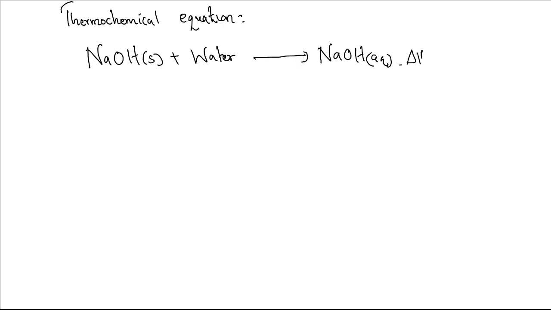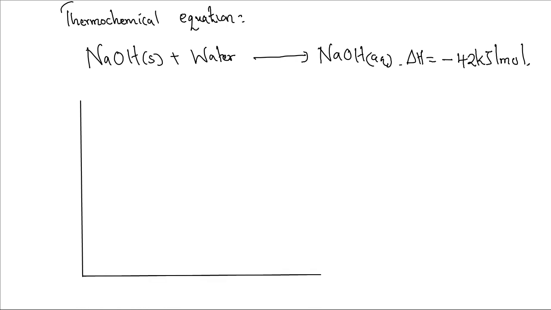Delta H is equal to negative 42 kilojoule per mole. Let's have the illustration in the energy level diagram. Remember, the reaction is exothermic.